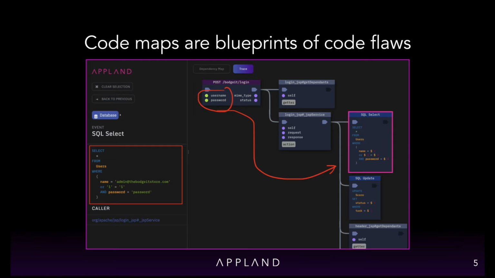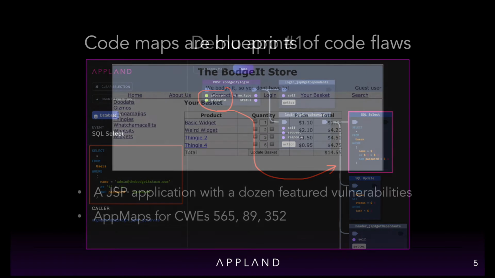Appmaps make it very easy to spot problematic code or database commands, and then navigate to the root cause, revealing literal blueprints of code flaws in applications. And because recording code maps is simple and automated, they're convenient for other teams to use as well, including the security team, making them a great technical resource to add to pen test reports.